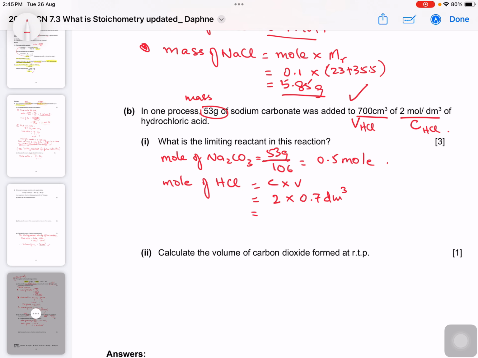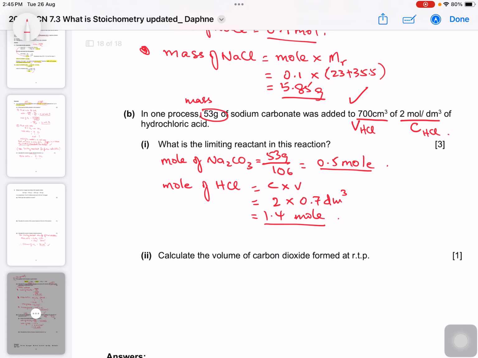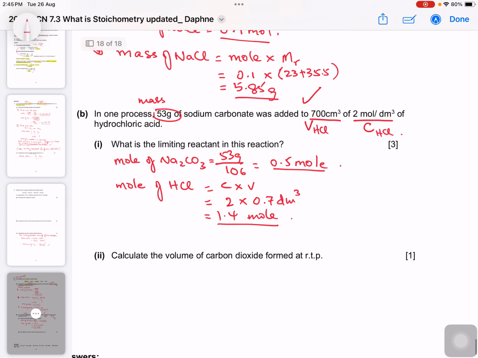This will give us 1.4 mole. So we have the two moles. Now, we got no space to actually do the rest of the working. So I'm going to squeeze it in, okay?